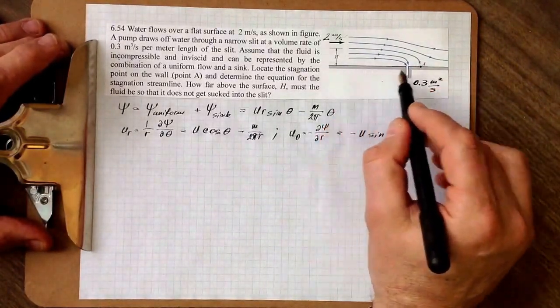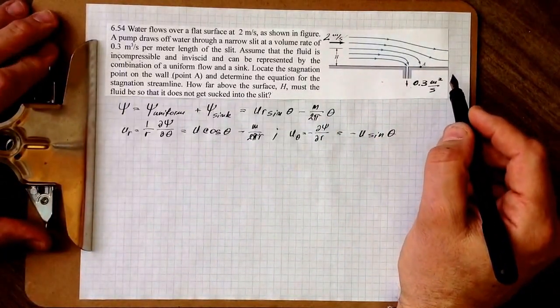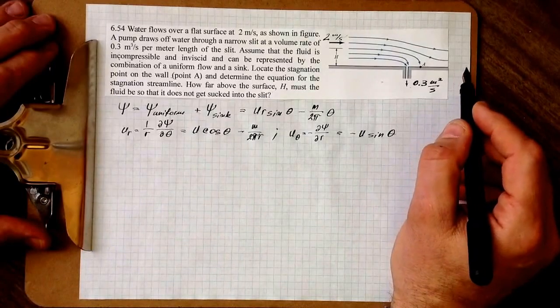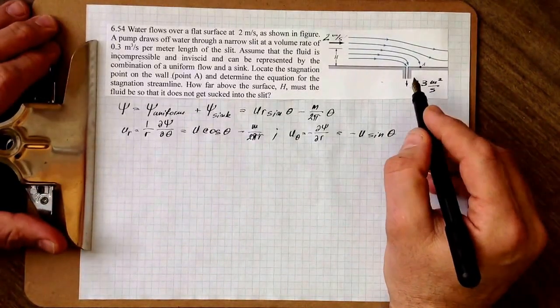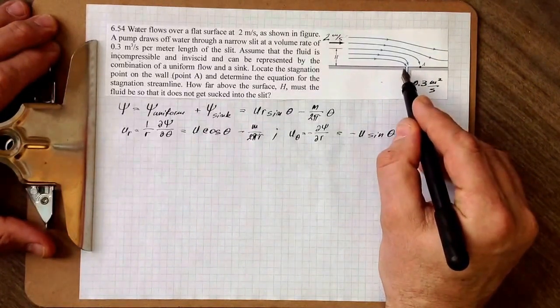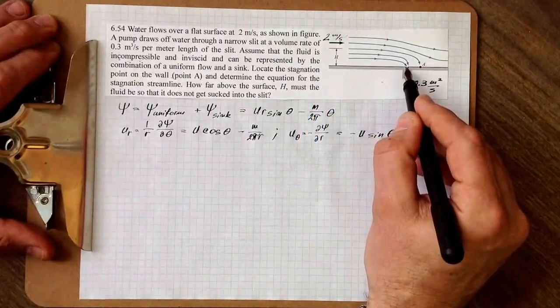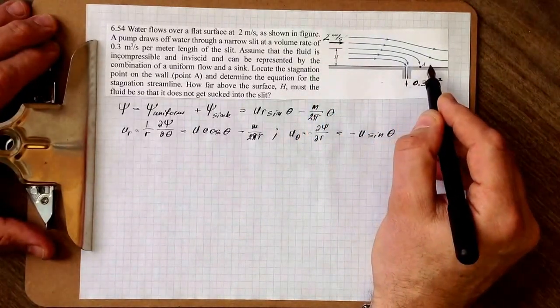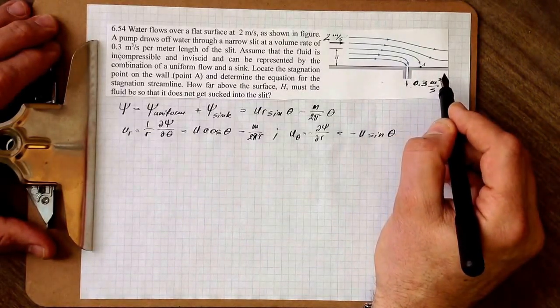So along the wall, we know that u_theta is 0, because the wall passes through the coordinate origin, so at any point u_theta is the perpendicular component.